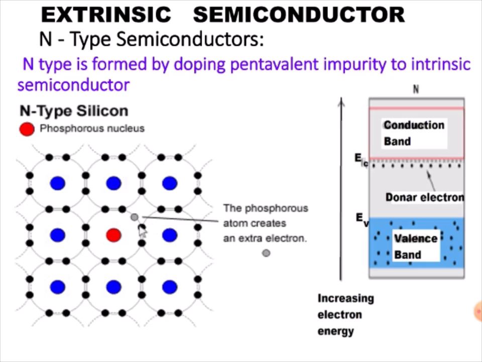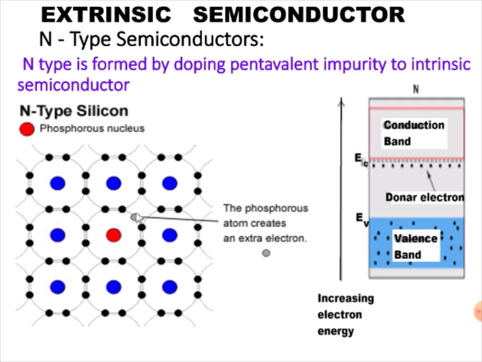These impurity atoms, which donate free electrons for conduction, are called donor atoms. On giving off their fifth electron, the donor atoms become positively charged. However, the material remains electrically neutral as a whole.